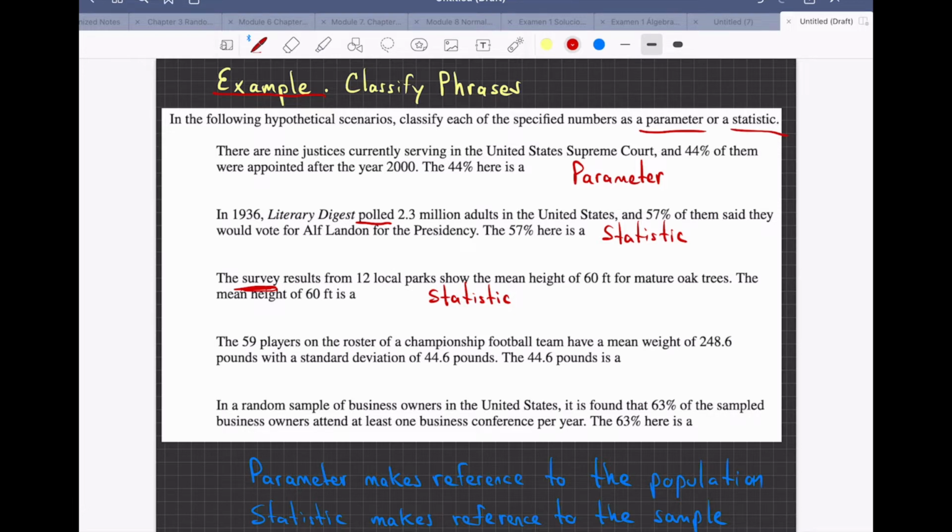Next, the 59 players on the roster of a championship football team have a mean weight of 248.6 pounds with a standard deviation of 44.6 pounds. The 44.6 pounds is what? Well, in this case, the 59 players on the roster of a championship football team, we can say is the whole population. So we're going to say here it is a parameter.